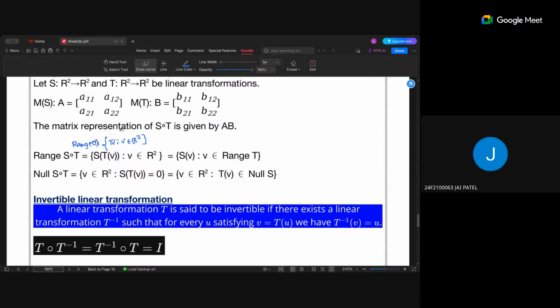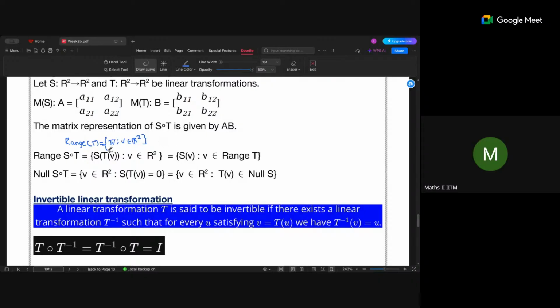It is all the images of T in R2. Images of T. Yeah, T of V means the image of T, where V is mapped to by T. So, the set of all T of V such that V is in R2, right?